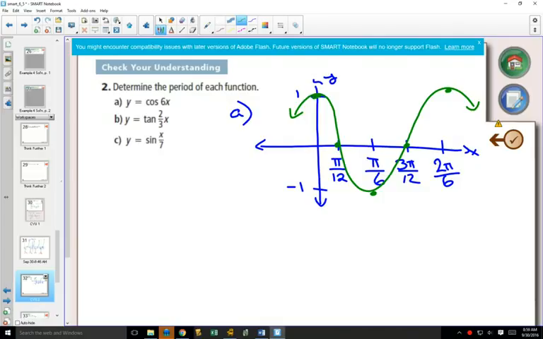And then we got all 5 points quickly instead of having to do those calculations individually for them. So it's really nice. As a result, the period of this one is 2 pi over 6 or pi over 3.